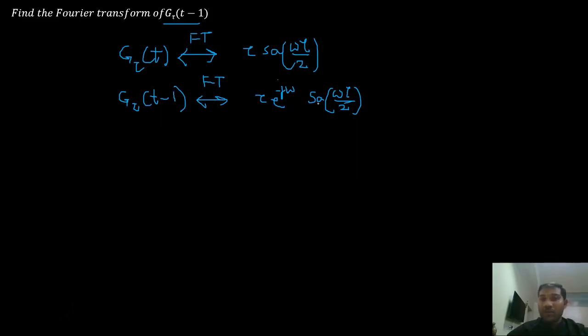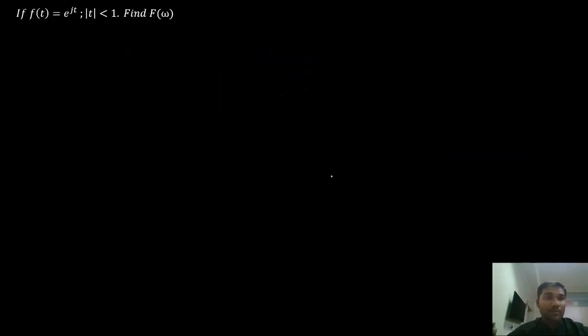The formula we used here is the time shifting property: f of t minus b has the Fourier transform F of omega into e power minus j omega b. Right, this is the time shifting property. Let's move on to the next problem.